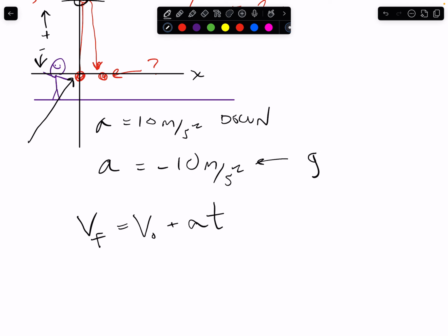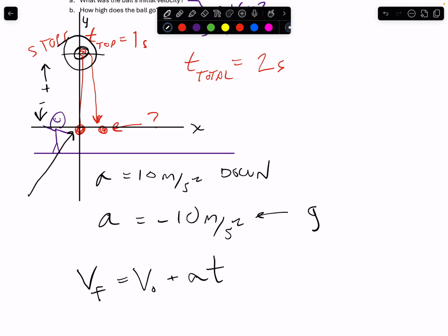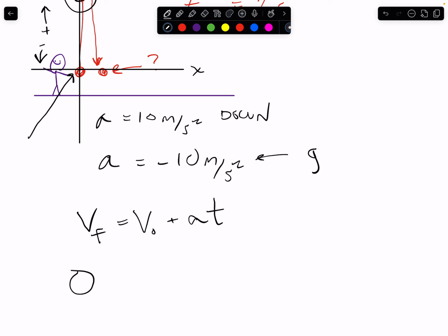V final, up here it stops, so that is 0 meters per second. And that's equal to V naught plus the acceleration value we're using, minus 10 meters per second squared, times 1 second, since it takes 1 second to go up and stop.